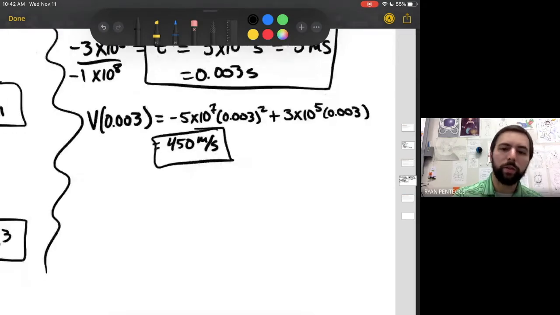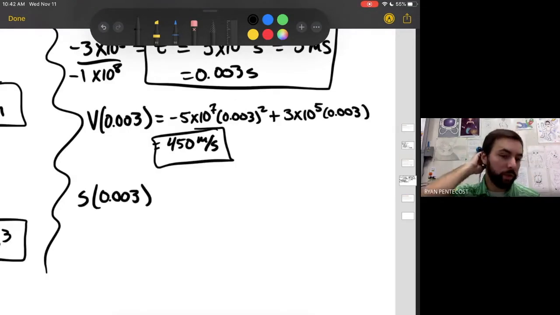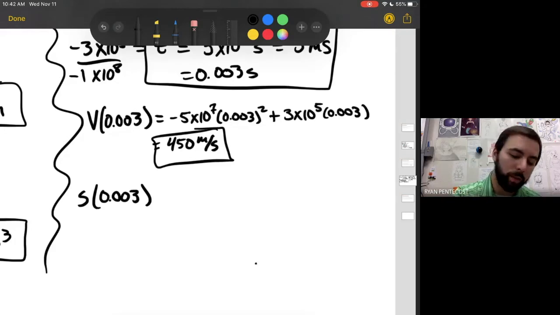Then it also wants position, the length of the barrel, right? So let's find the position at that time, and the position of the bullet at that time would be leaving the barrel, so then we can see how long the barrel is.